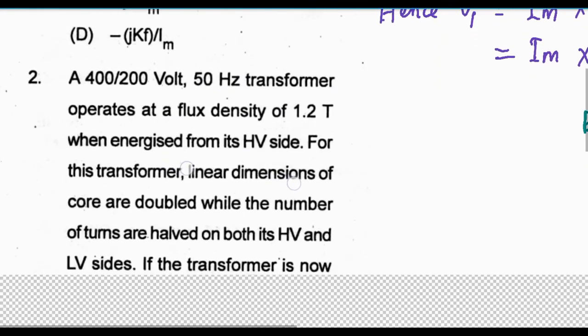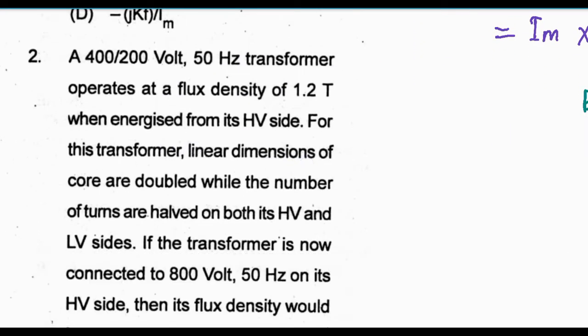Next question is, a 400 by 200 volt 50 Hz transformer operates at a flux density of 1.2 Tesla when energized from its HV side. For this transformer, linear dimensions of the core are doubled while the number of turns are halved.